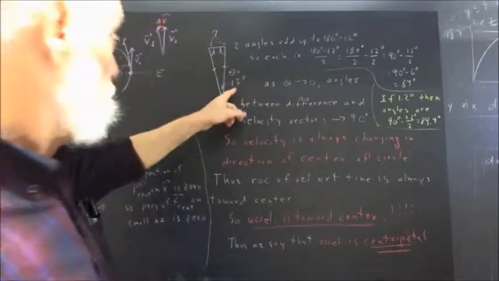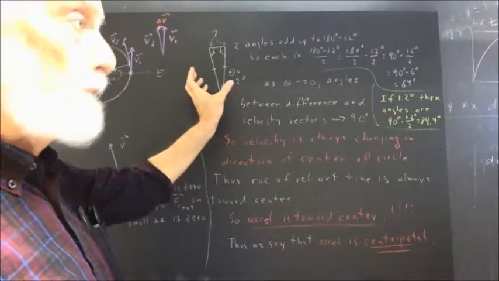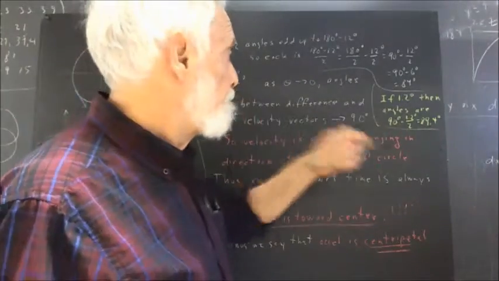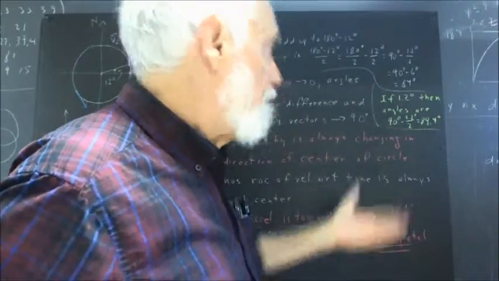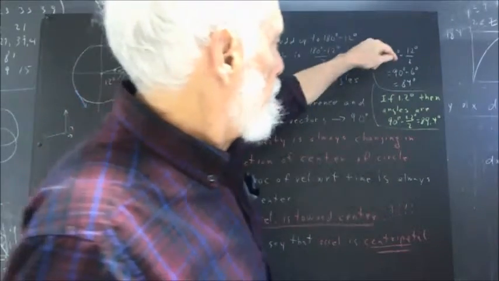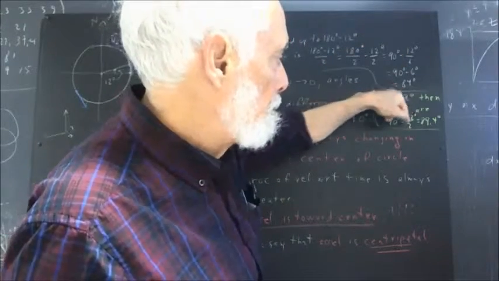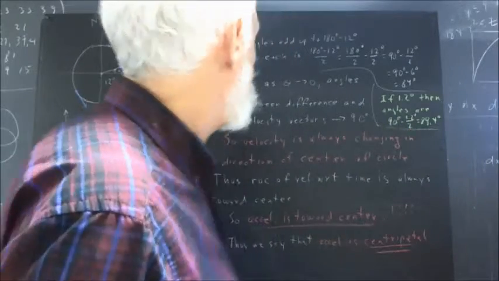So we use the same figure and say, yeah, I know that's way too fat for 1.2 degrees, but it still represents what we need to do. Just like we got 90 degrees minus 12 degrees over 2, we're going to get 90 degrees minus 1.2 degrees over 2, or 89.4 degrees.